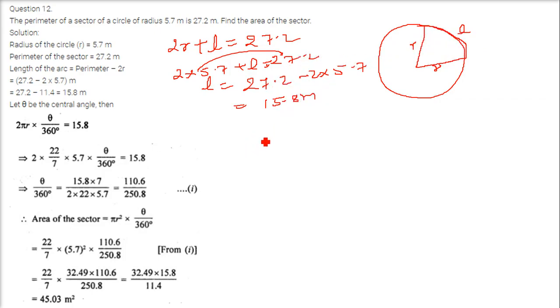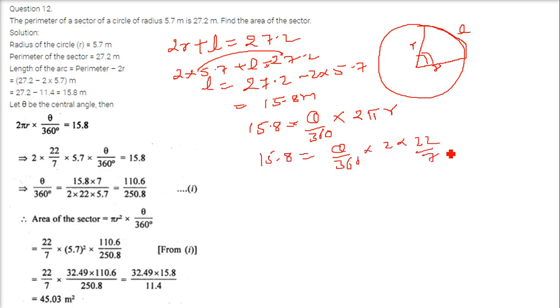But we know the formula of the length. Length is this 15.8, equal to theta by 360, this theta which is not known right now, into 2 pi r. And we can write pi as 22 by 7, so 15.8 equal to theta by 360 into 2 into 22 by 7 into radius. Radius is given here, 5.7.